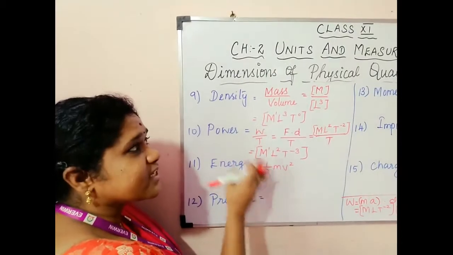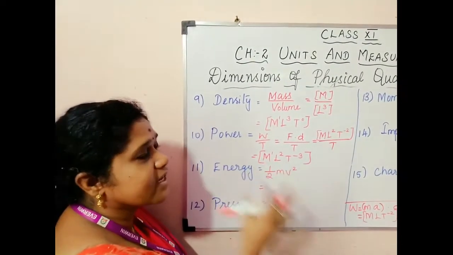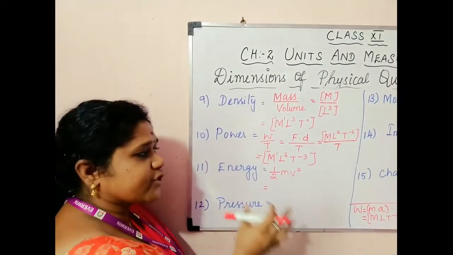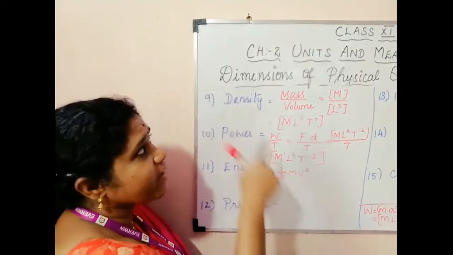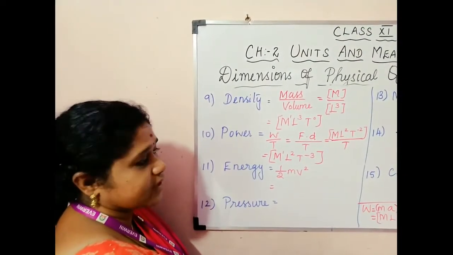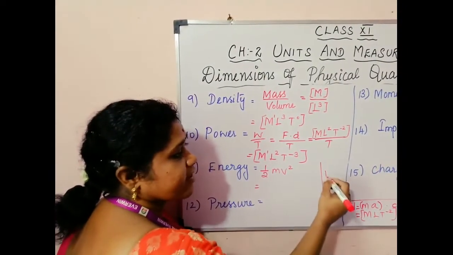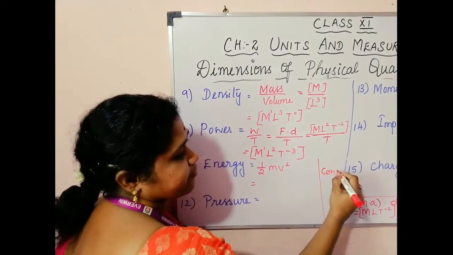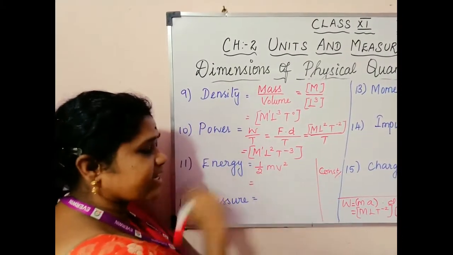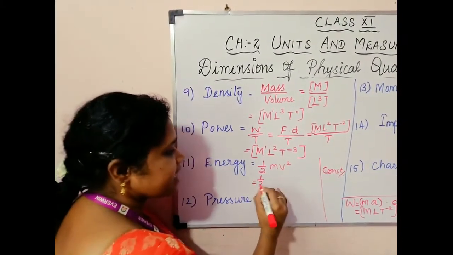A constant value will not have any dimension or dimensional formula. That is the drawback of dimensions of physical quantities. So you can keep it as such.